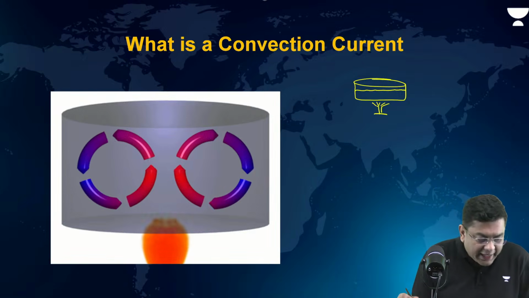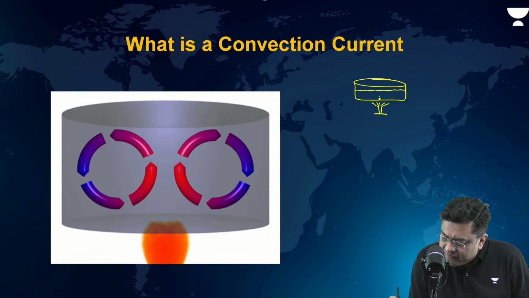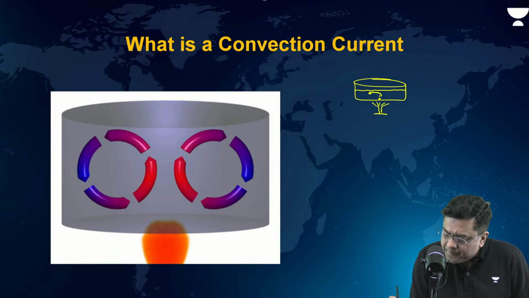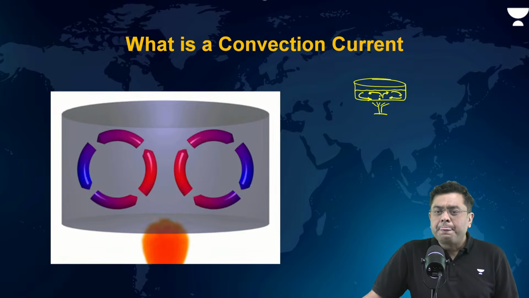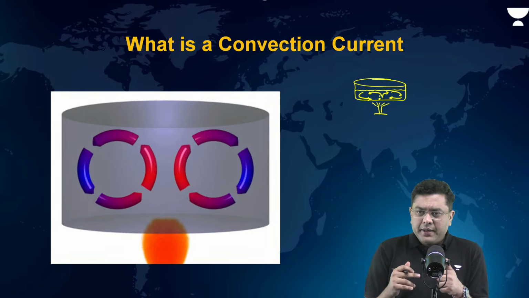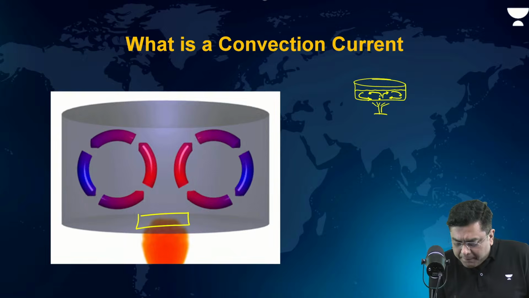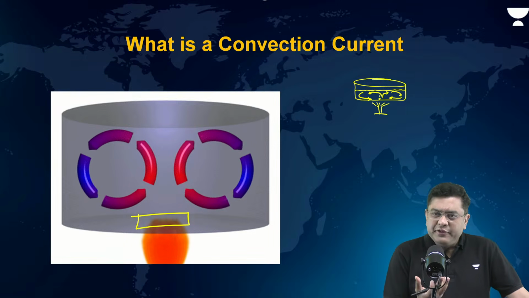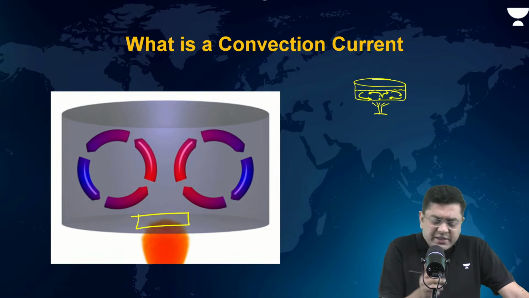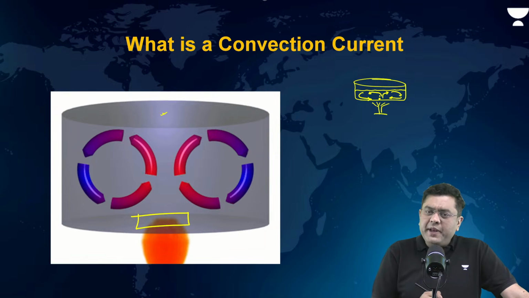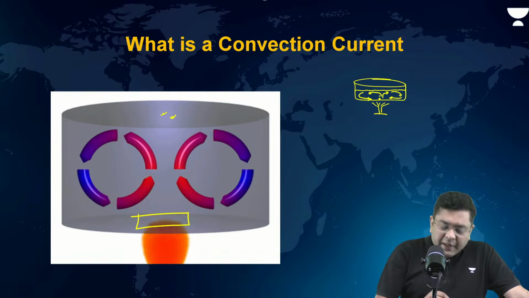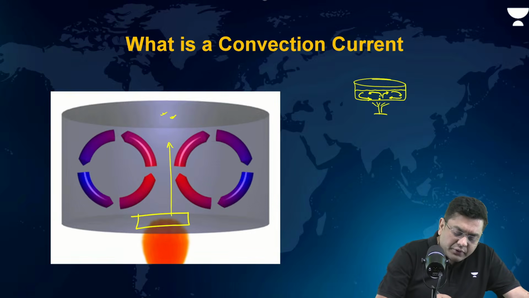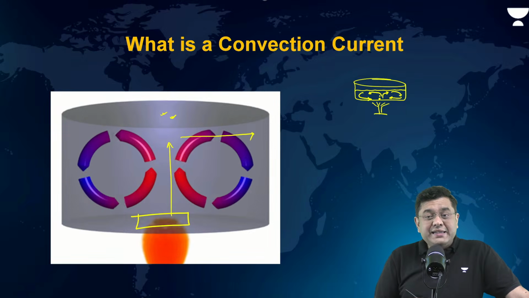Slowly and steadily, what will happen? Materials at the lower level will rise up, get heated up, rise up, and colder materials from the surrounding will sink and replace it. So, what is happening here? Heat is provided only at the bottom region, heat is not being provided at the top. But then the top portion also gets heated. Why? Because the heated portion travels and transfers the heat.